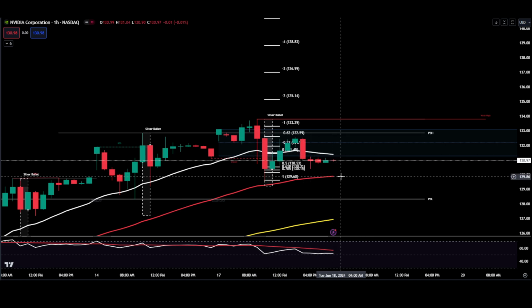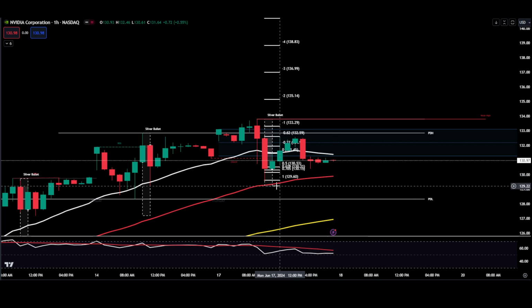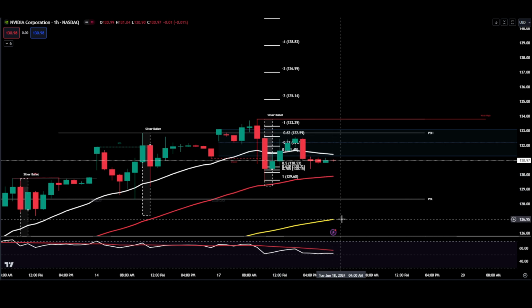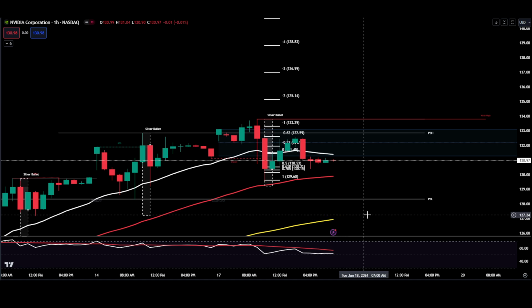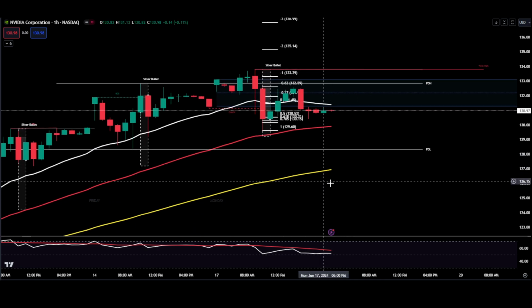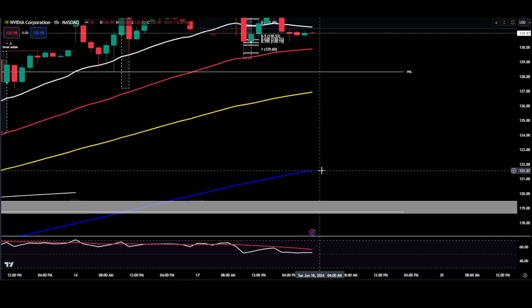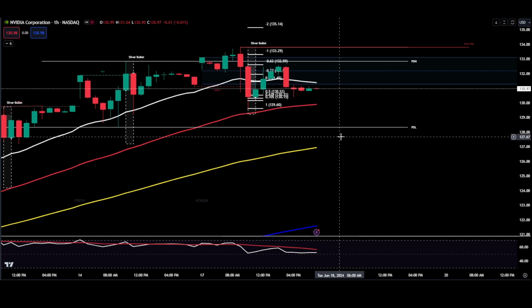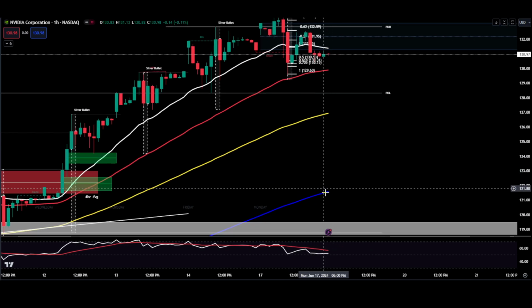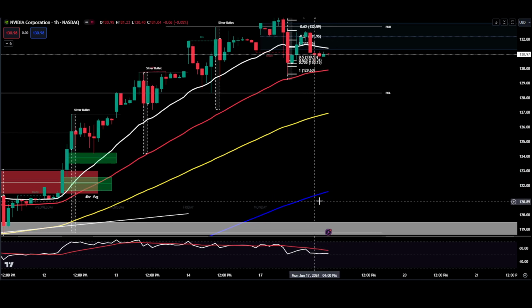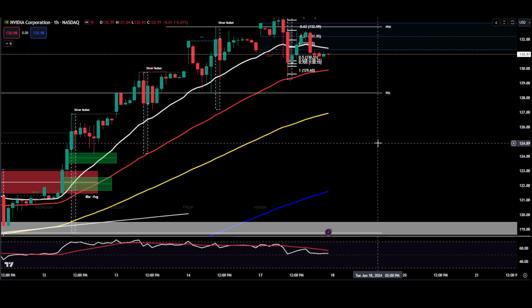So if that 20 period drops us down to 129.86 or below the low of today, 129.22, we're going to likely run a test of 126.95 or wherever this 100 period on the 1 hour is. Below that, we could even run a test down to 121.57 or wherever that 200 period ends up as well, as it's ascending up, right?